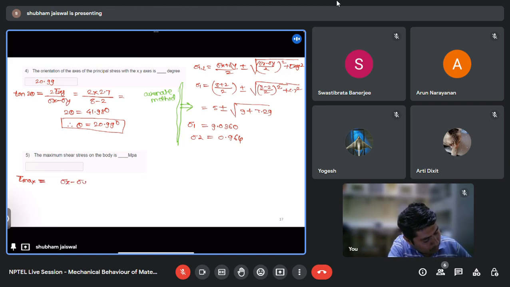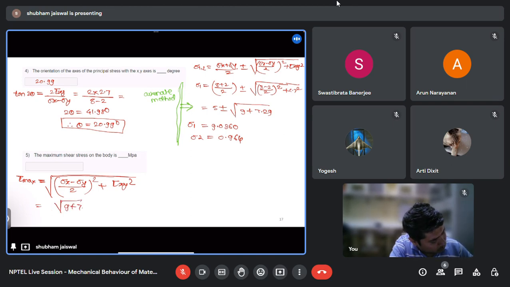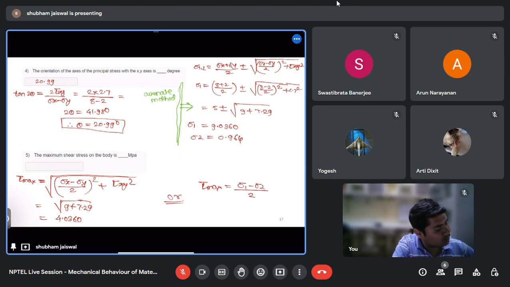square root of ((sigma x minus sigma y) by 2) whole square plus tau xy square, and it comes out to be root of 9 plus 7.29, or 4.0360. Or we can take tau max is equal to sigma 1 minus sigma 2 by 2.